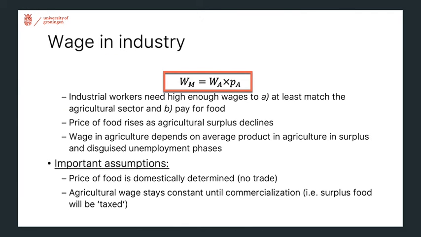So in the second phase, we should see increasing industrial wages, while in the third phase, these wages in industry will rise even more rapidly because not only do we have rising prices of food, but at that point, we also start to see rising agricultural wages.